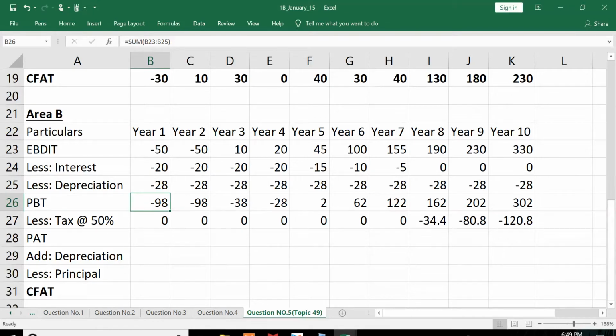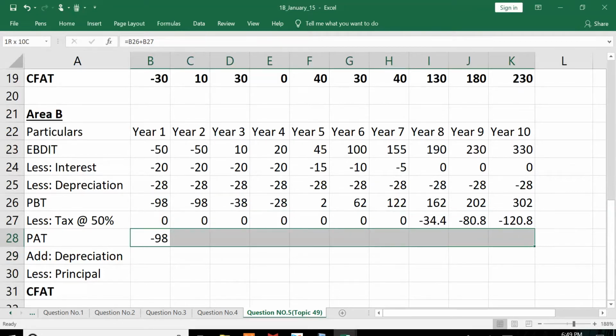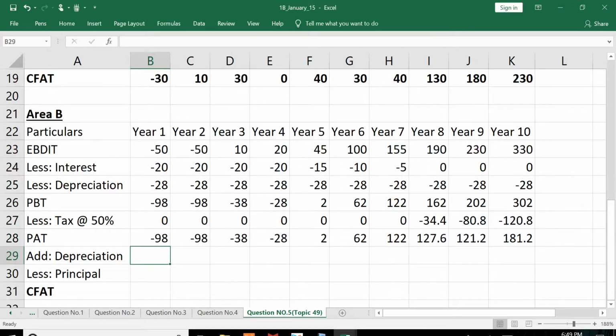In your way, you can do PBT less exemption 20%, taxable PBT less tax, PAT, add back depreciation, add back non-taxable 20%, and then you get to CFAT, which becomes a longer way of doing it. So instead, straight away I take tax at 40%. Then you add back depreciation, do your principal adjustment, and then we'll start calculating NPV.